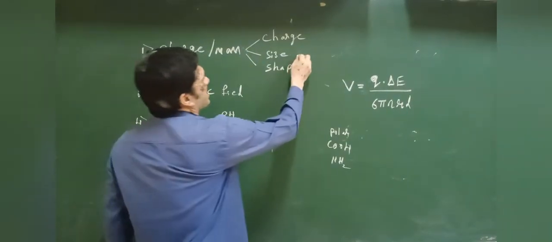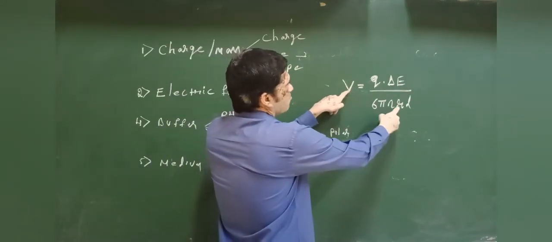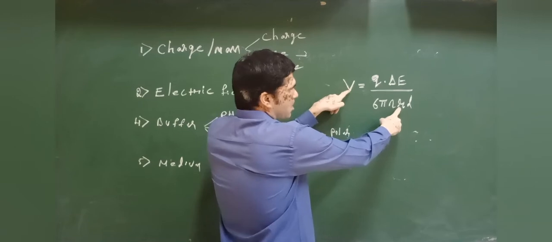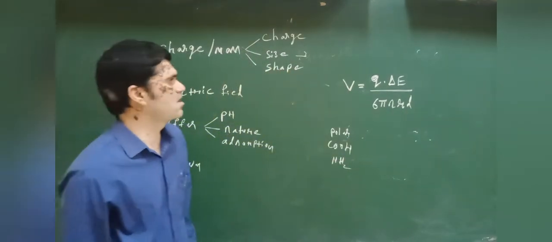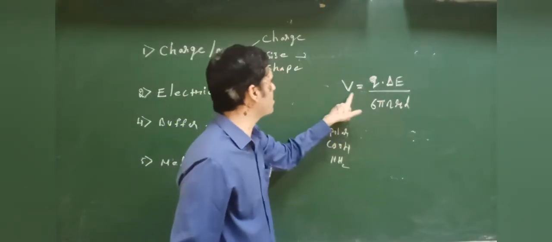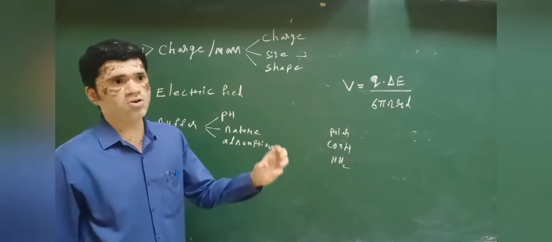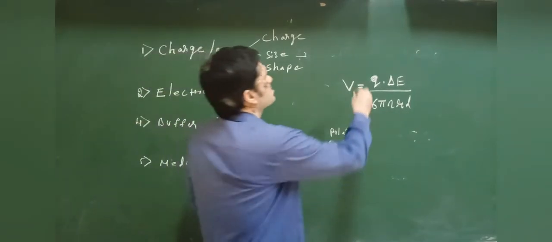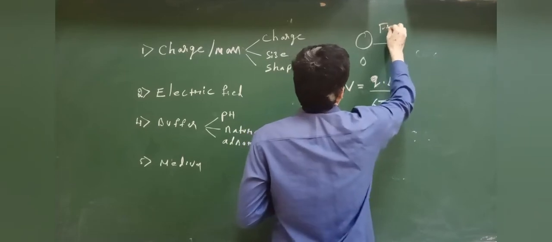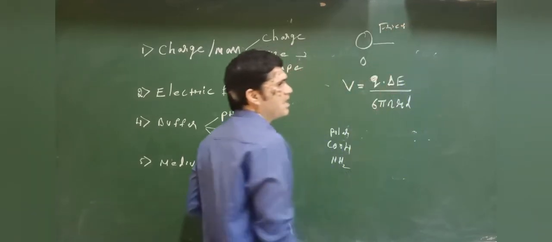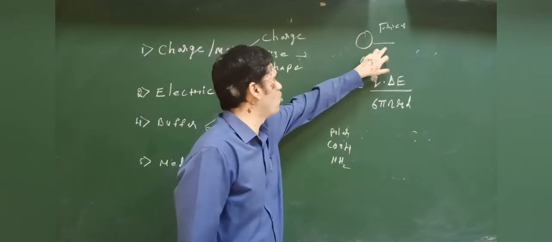So next we have size. We can observe from this equation, V is inversely proportional to the radius R. So therefore, what we can say is, the larger the molecule, the smaller will be the electrophoretic mobility. A larger molecule will exert more frictional force, and therefore the mobility of this large molecule tends to slow.